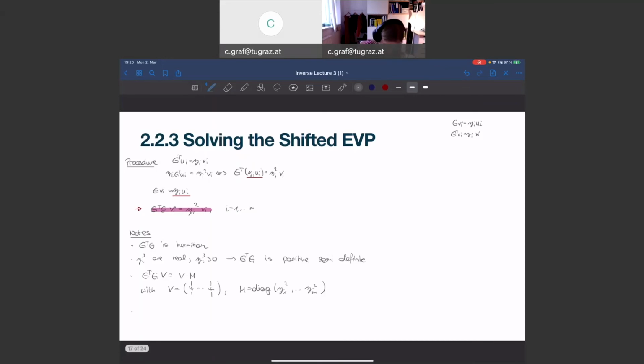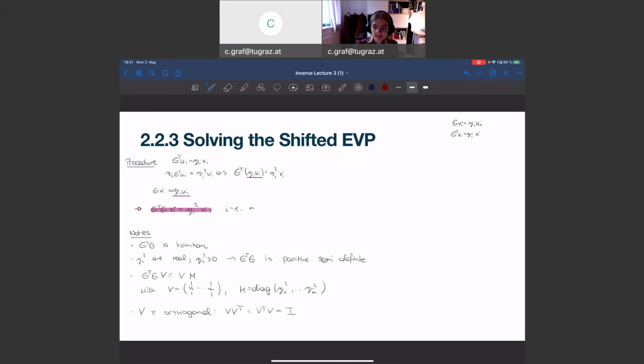And last, the matrix V is orthogonal. So V transposed V equals the identity.